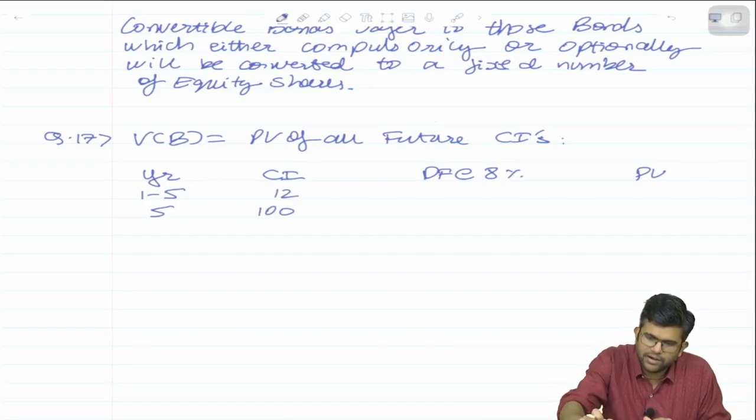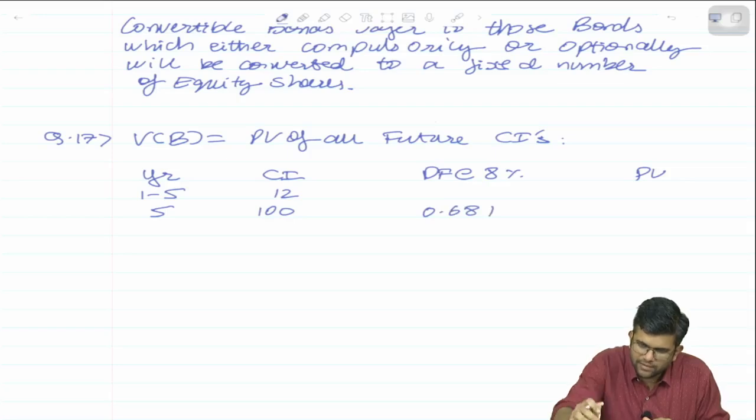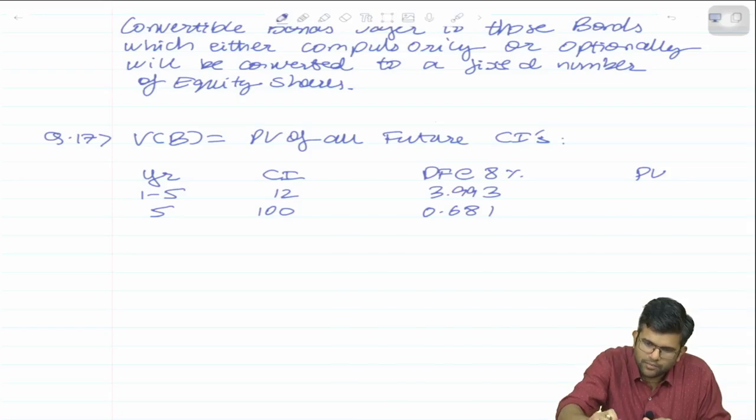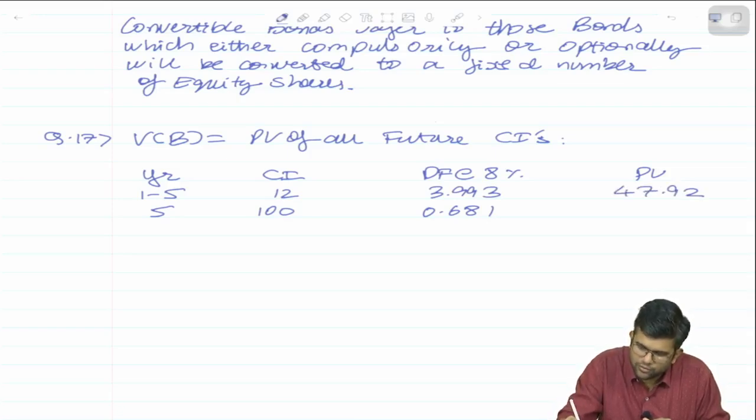8% means 1 divided by 1.08, for years 1, 2, 3, 4, 5. This is 0.681 and this is 3.993. So 12 into 3.993 is 47.92, plus 68.1.